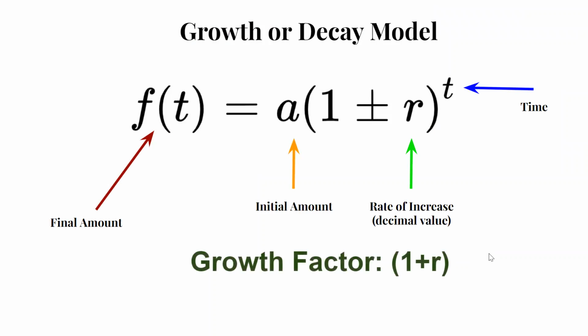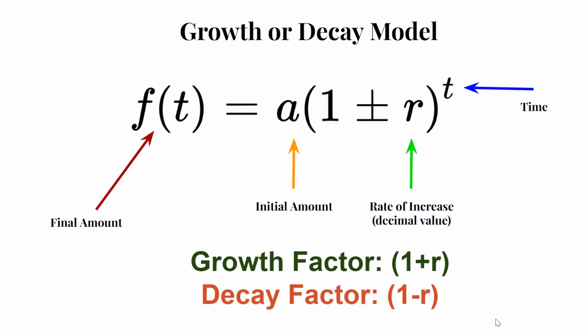Now, something that I want to also focus on, guys, is that whenever we have a growth factor, something that is going to help increase our value over time, notice that our variable here is time, it's going to be 1 plus whatever rate we have given, okay? So 1 plus the rate that's given is going to be the growth factor.